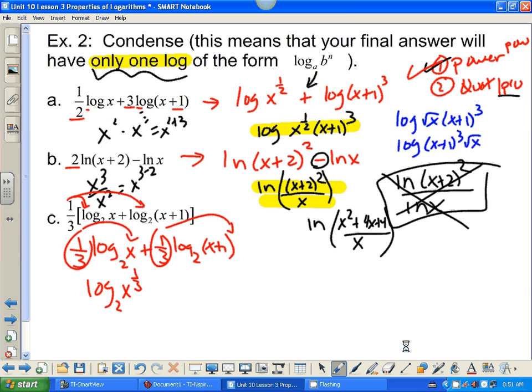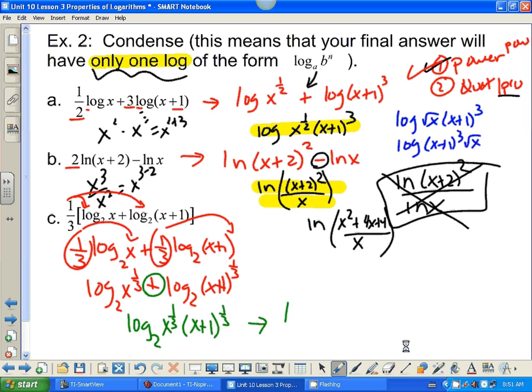This 1/3 becomes a power on the x plus 1. Okay, so I just took care of my powers. Because I see the plus, I have a product. So I have log base 2 of x to the 1/3 times x plus 1 to the 1/3. You are welcome. This is an acceptable answer.